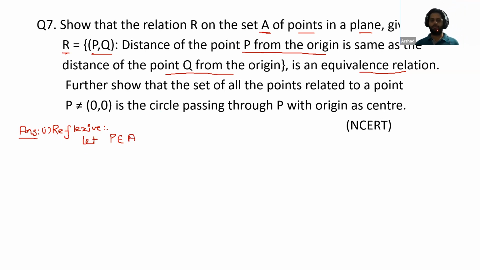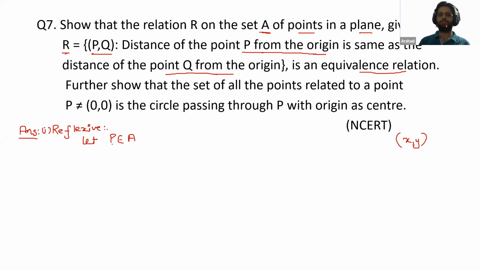It is the set of all the points in a plane. You know that in a plane, the point is denoted by x comma y normally. Or we can say we have 2 elements here, for example, x comma y. So a point will be taken like this.